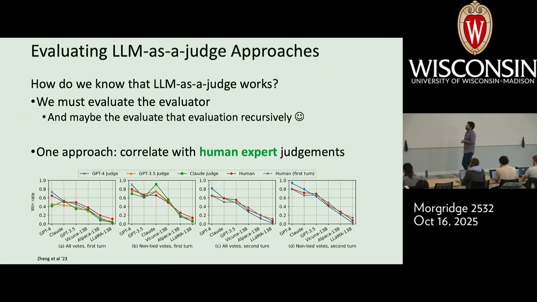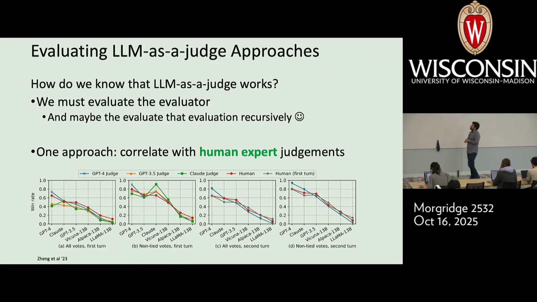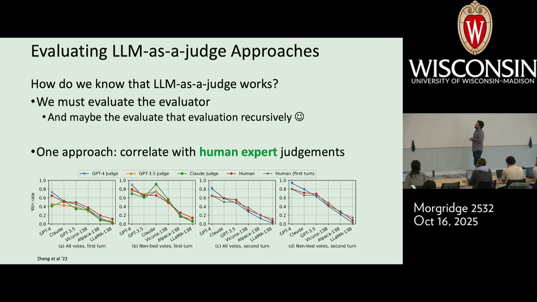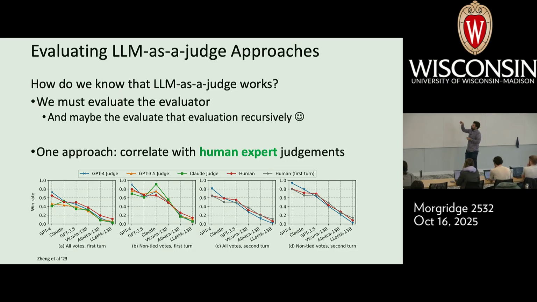So you're seeing some examples of these correlations right now. The red over there is the human, and you're seeing different models, so GPT-4 judge, GPT-3.5 judge, et cetera. This is also a multi-turn data set, so it's evaluating the quality of the first turn, then the second turn, then overall, and so forth. Generally, these things are reasonably correlated.